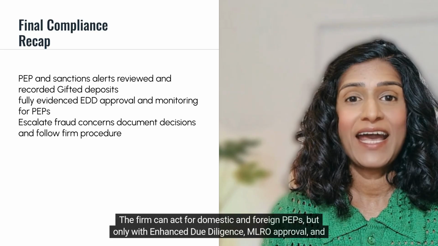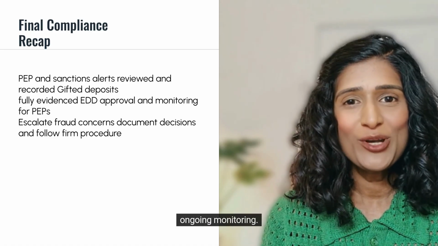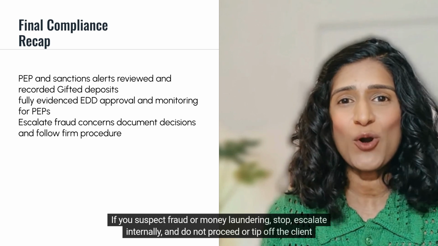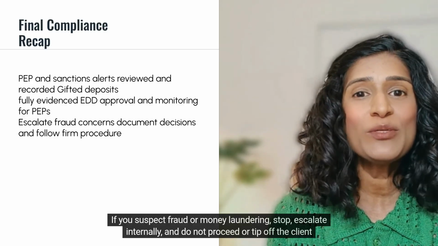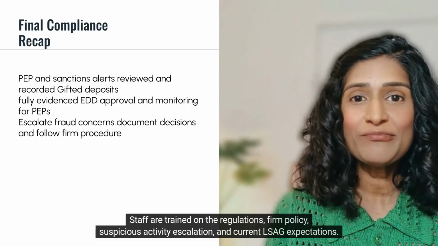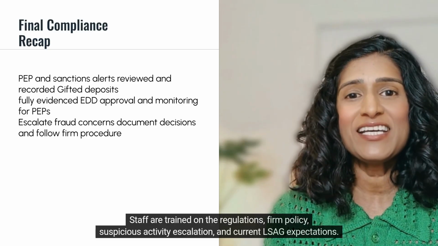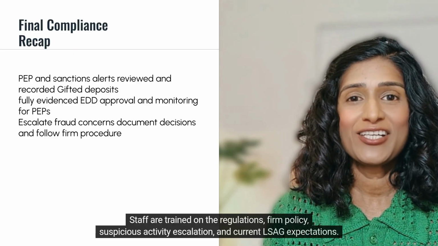The firm can act for domestic and foreign PEPs, but only with enhanced due diligence, MLRO approval, and ongoing monitoring. If you suspect fraud or money laundering, stop, escalate internally, and do not proceed or tip off the client once suspicion arises. Staff are trained on the regulations, firm policy, suspicious activity escalation, and current LSAG expectations.